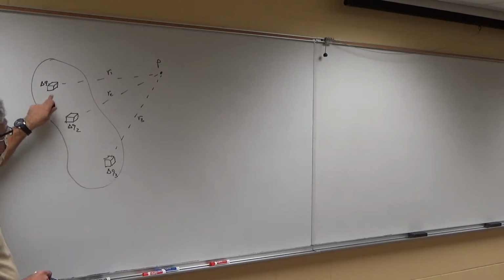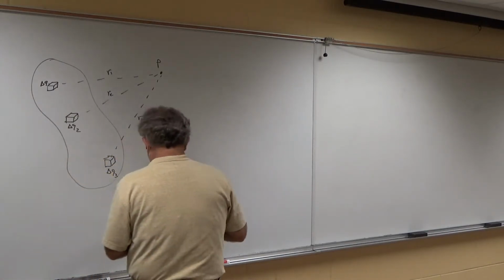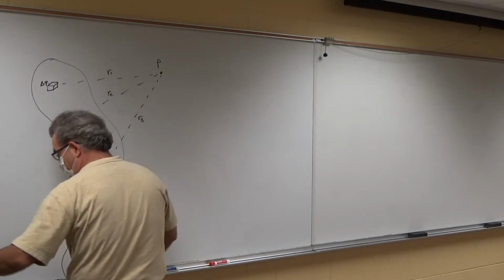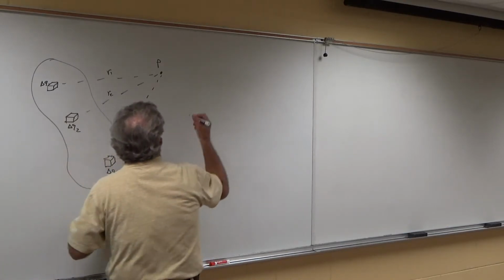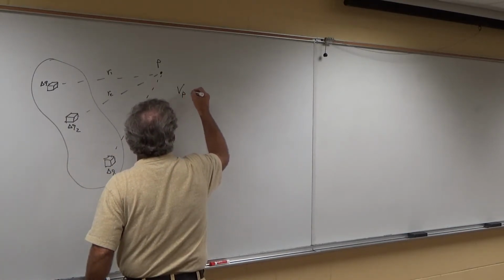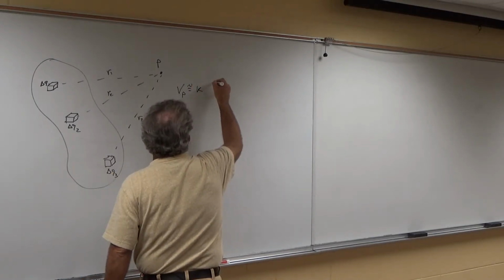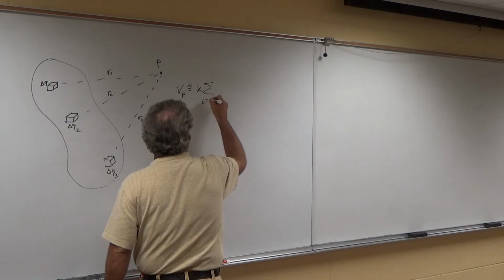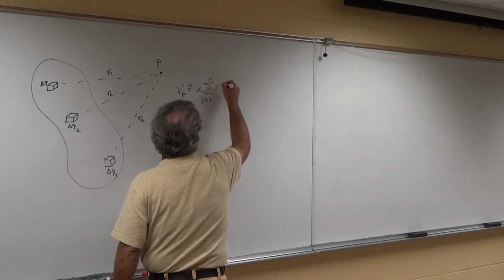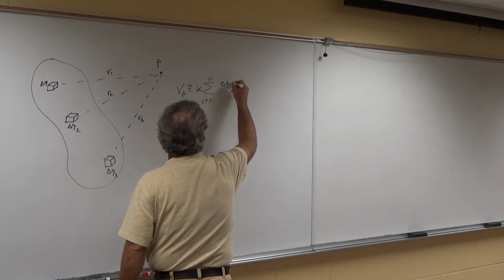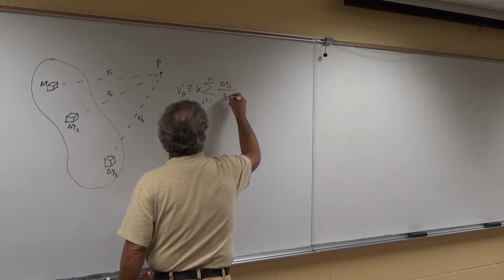Okay, so you can imagine that this thing's broken up into all these little bits of charge, or these little cubes. The potential at point P, V at P, is approximately equal to K times the sum from i equals 1 to N of delta Qi divided by Ri.